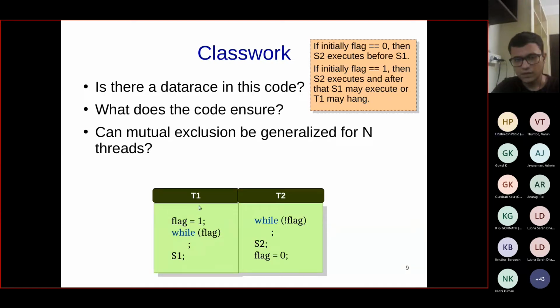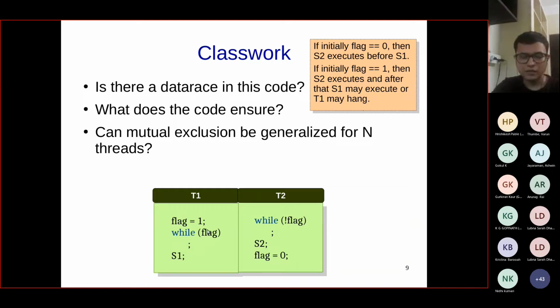Now thread 1 came, it started executing, it set flag to 1, and then it came here. Since flag is 1, while of 1 is true, it will keep on looping here. And now there is no thread to set the flag value to 0.